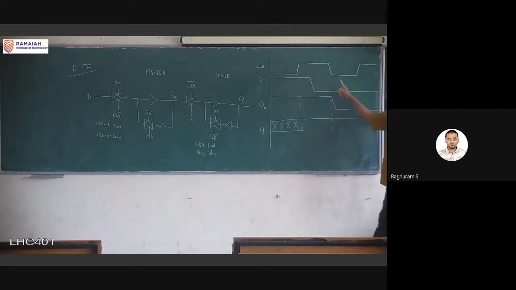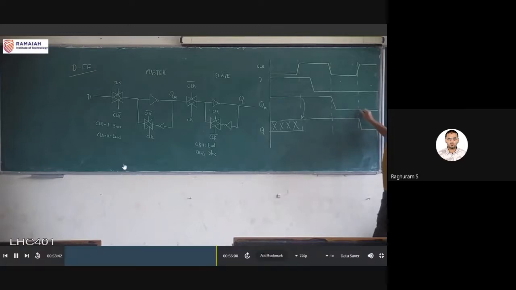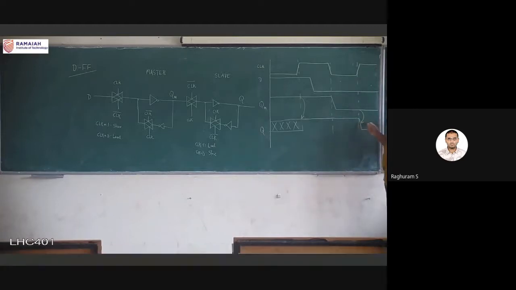Clock equal to 0 is store, so QM equal to 1 has come here, and I continue to store that. Again when clock equal to 1 I get a load, so at that point that will come at the output.